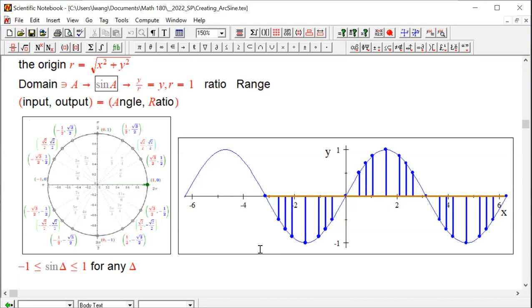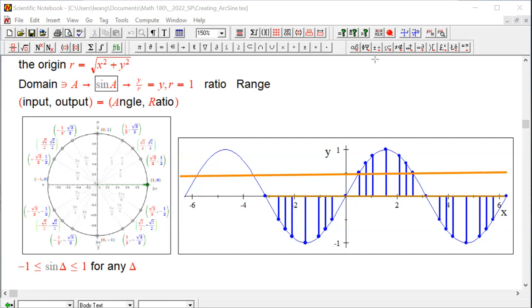We studied whether this function is one-to-one, and obviously it does not pass the horizontal line test. If I draw a horizontal line, it crosses at so many points, more than one. Therefore, it is not a one-to-one function.